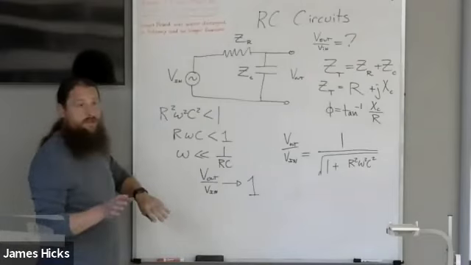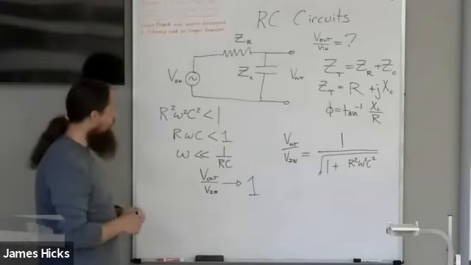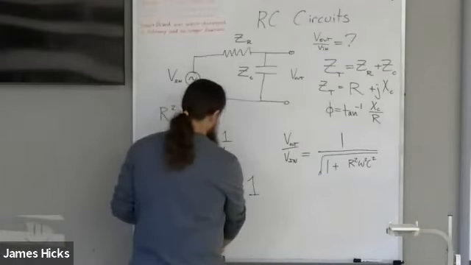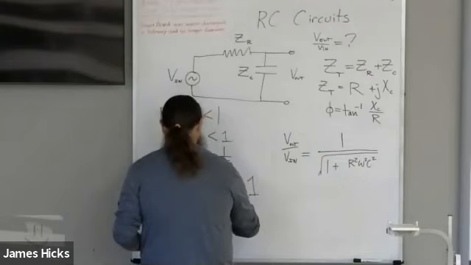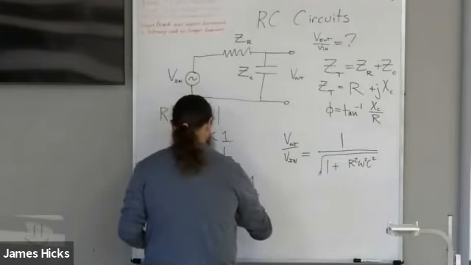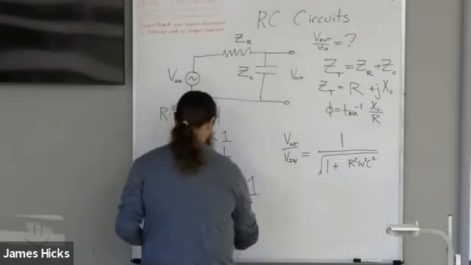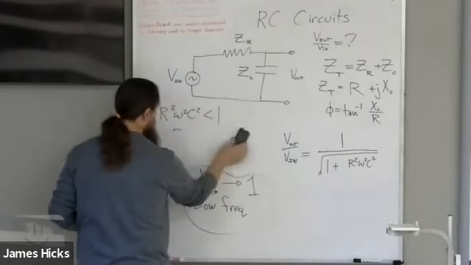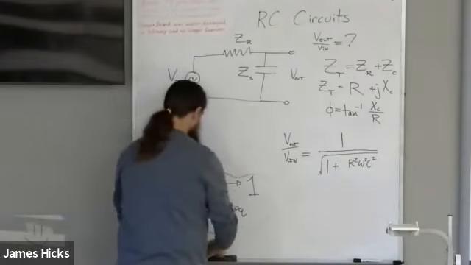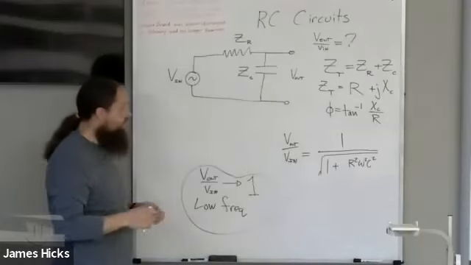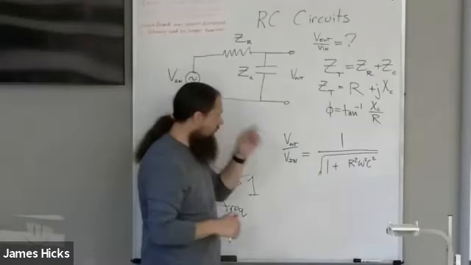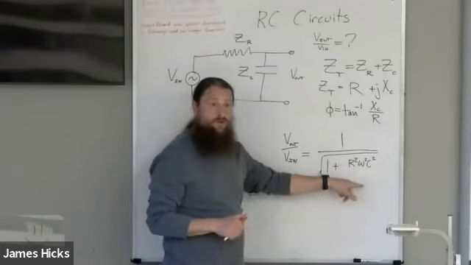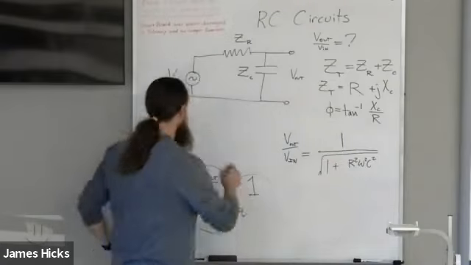Then look at the other limit, very high frequencies. If you did high frequencies, what we're talking about is having R squared omega squared C squared much bigger.